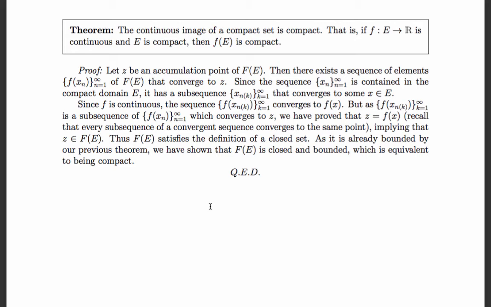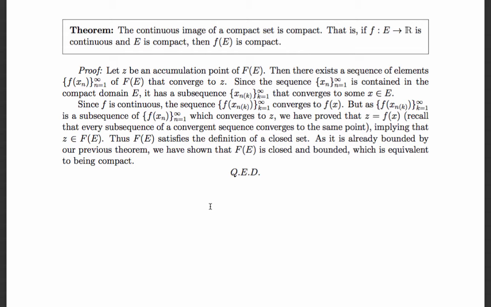So all we have to do is show that f of E is closed. And we do that by showing that f of E contains all of its accumulation points. So let Z be an arbitrary accumulation point of f of E. Our goal is to show that Z is in f of E, which is true if Z equals f of x for some x in E.